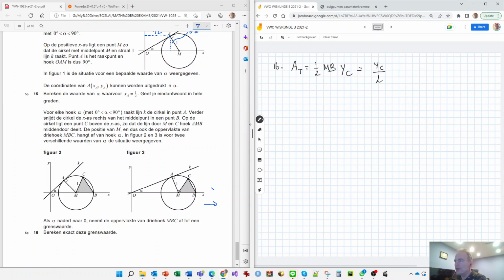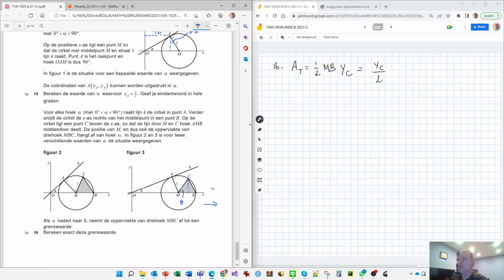So let's try to do that. Well, this is a unit circle. So if I know this angle here, let's call that theta, that's half the angle that's being bisected here, then yC is just the sine of theta. That is actually the definition of sine and cosine.